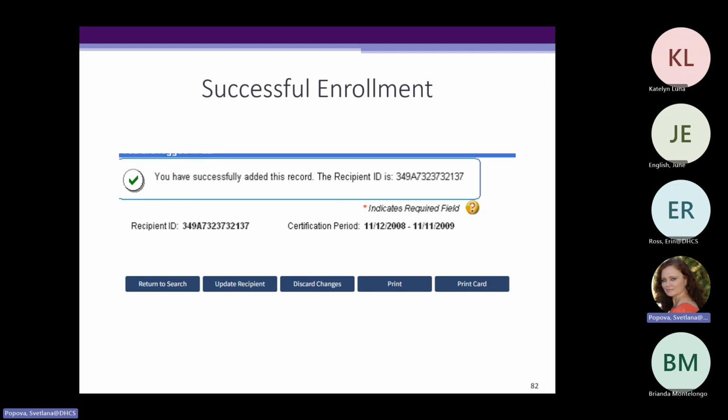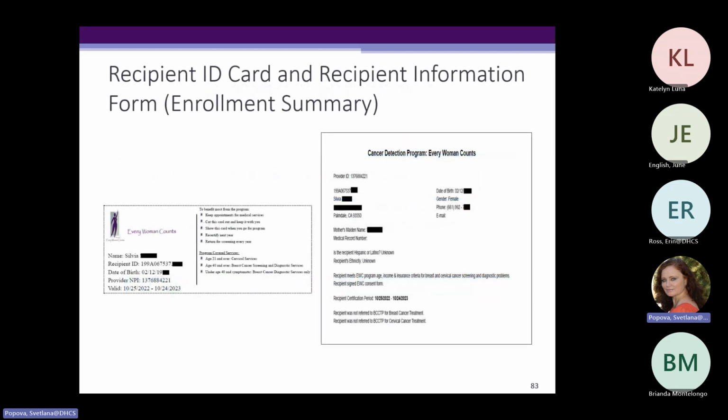to your providers. At the end you will have the screen with the successful enrollment. It is probably going to look different anyway, but on the screen you will see the recipient ID and certification period. As a result, the recipient ID card will be produced, and that's the card that should be given to a patient.